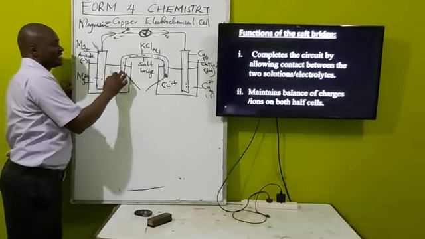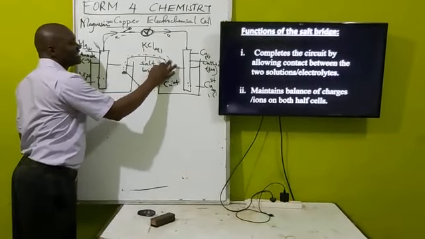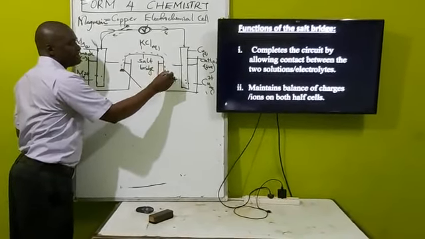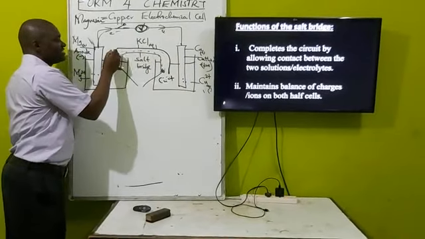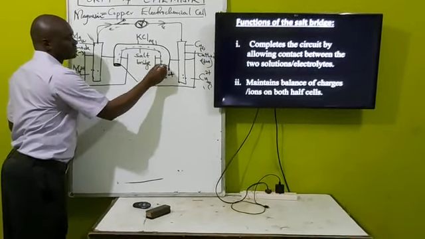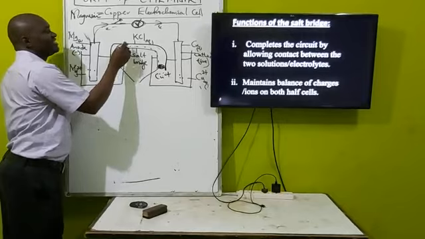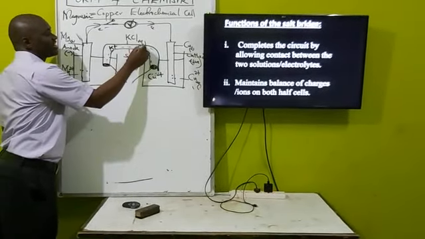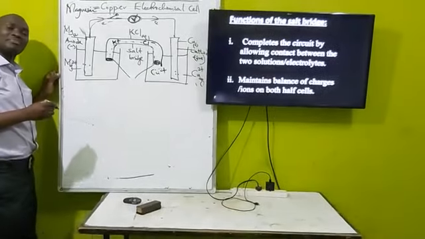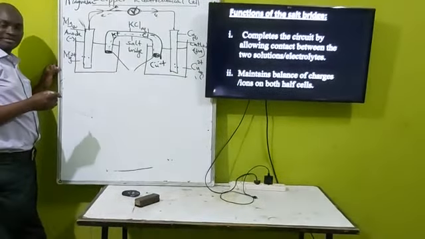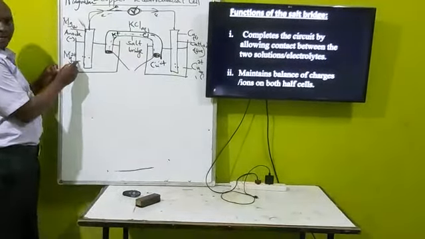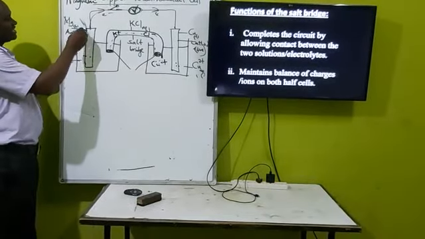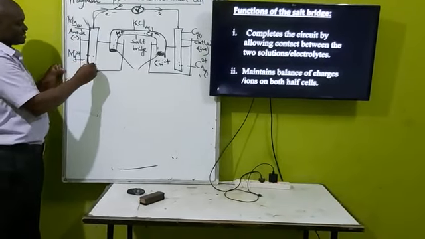In this salt bridge, I want to make it bigger. Inside here we have potassium ions and chloride ions, hundreds of them, not just one. Look at what is happening here.